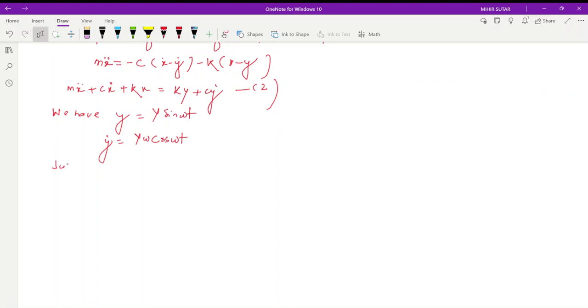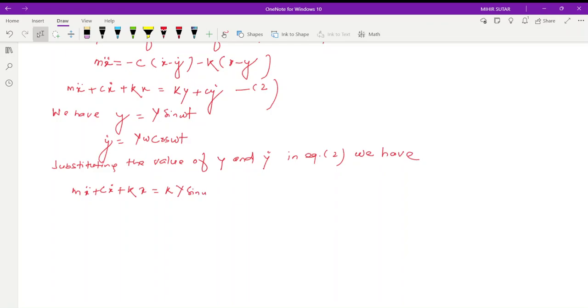Now substituting the value of y and y dot in equation 2, we have m x double dot plus c x dot plus k x equal to k capital Y sin omega t plus c Y omega cos omega t, putting the value of y dot.